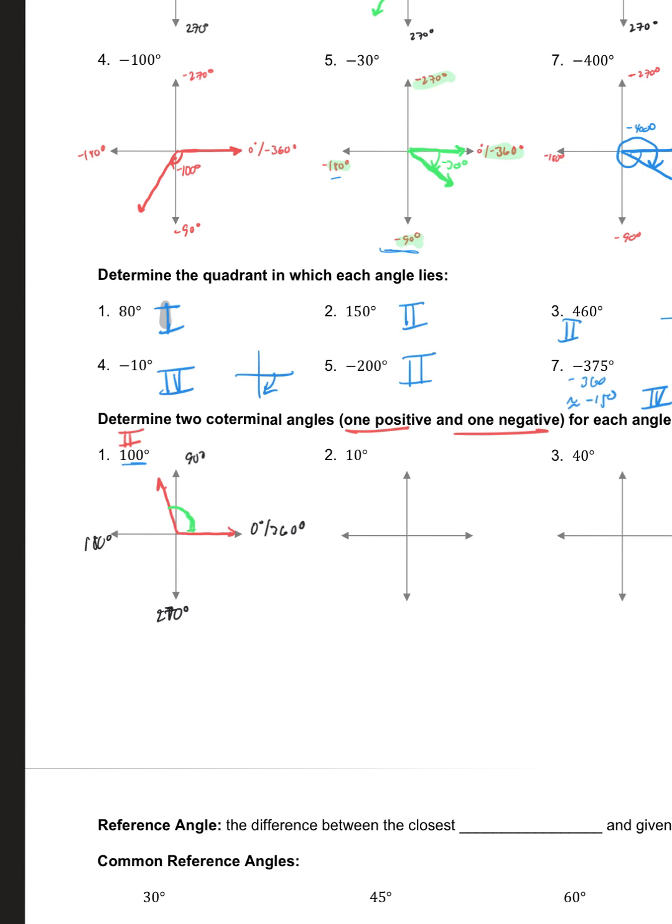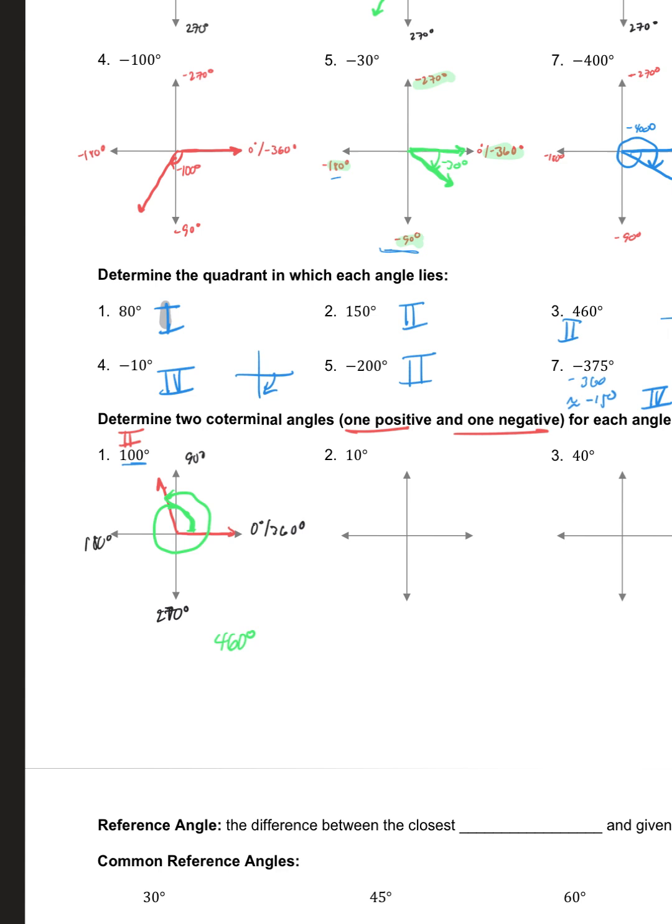So I'm going to go here, go all the way around, and then stop. I went all the way around once, added a complete circle, and then went to that angle. So my positive angle is 460 degrees. That's the green one.